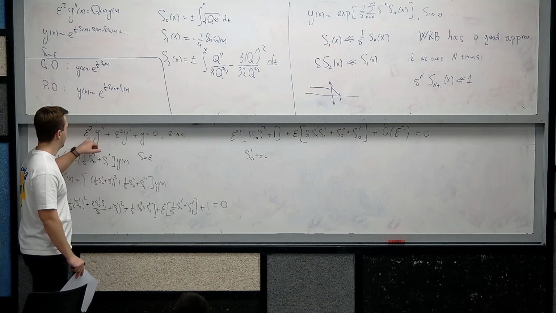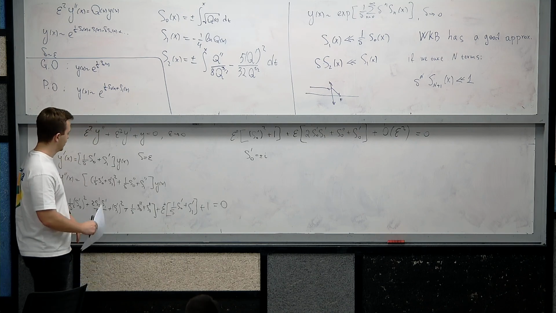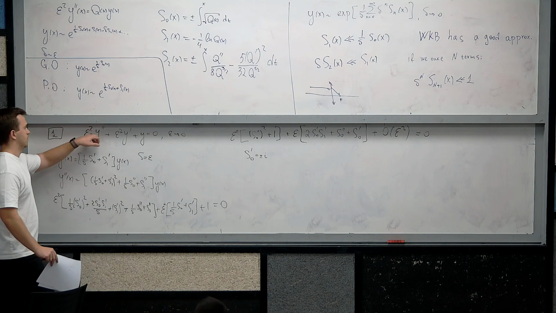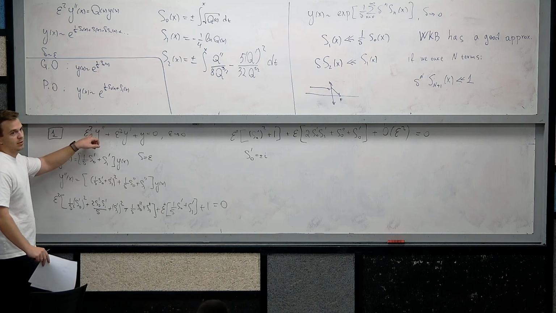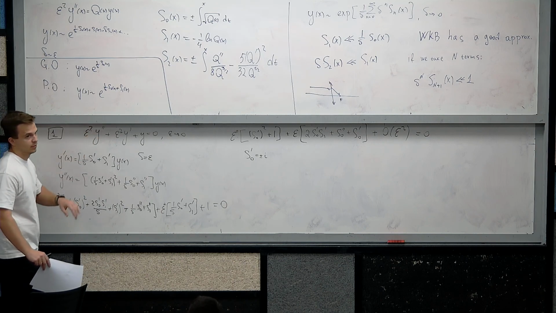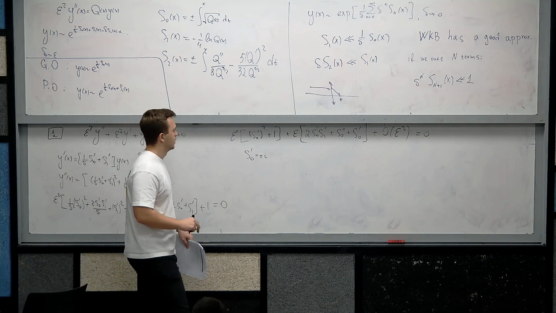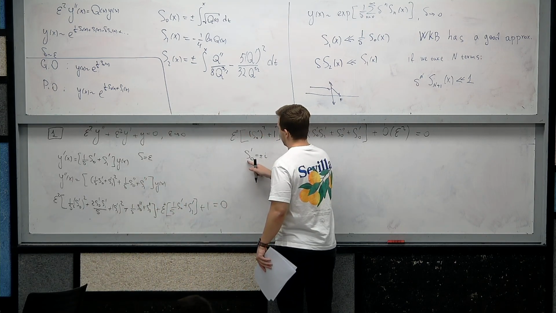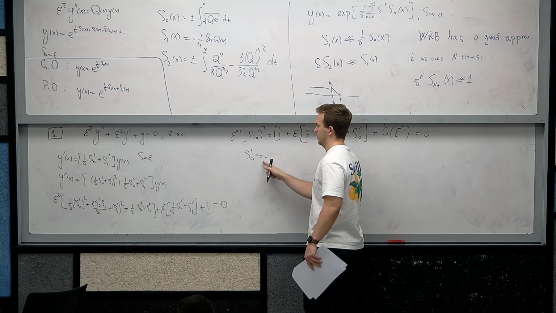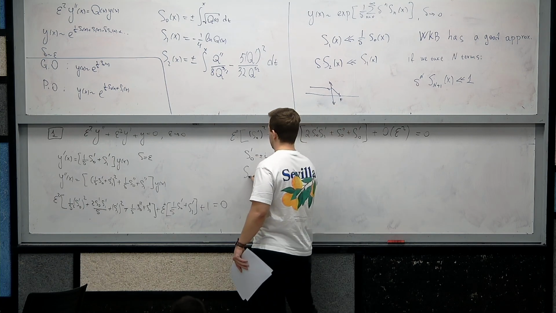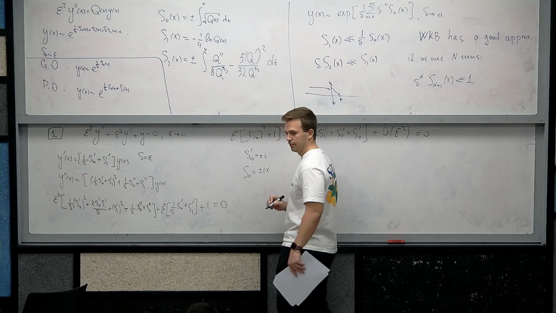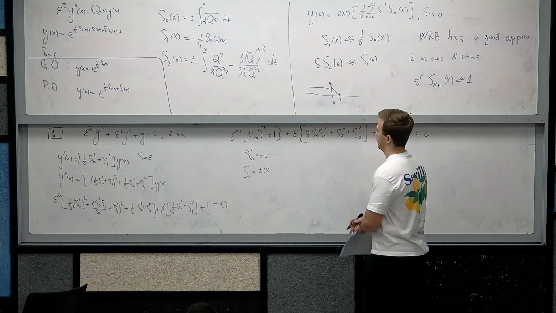But if not, you need to do dominant balance. For example, if here it were just epsilon, delta would be the square root of epsilon. We can use this logic. So from the first bracket, S naught prime is plus minus i, and therefore S naught is plus minus i x.